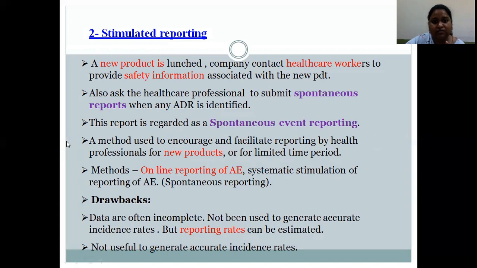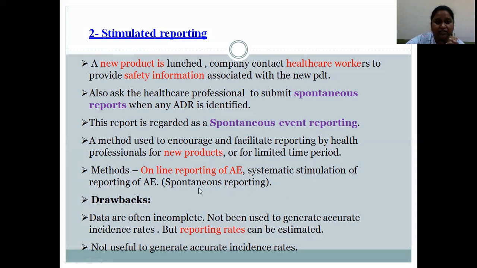This method is encouraged and facilitated by the healthcare professional for all the new products or for a limited time period. Here we can collect a lot of information in one go. These methods can also include online reporting of adverse events during spontaneous reporting.